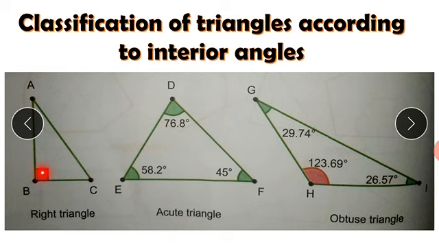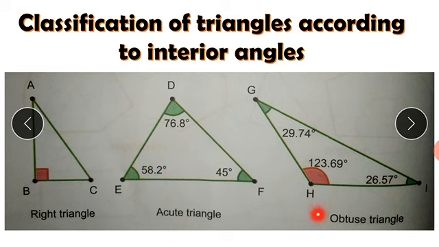So this one is a right triangle because it forms a right angle. Next is acute triangle. An acute triangle has three acute angles. Acute angles are lower than 90. So all the interior angles of this triangle are lower than 90. That's why we call it an acute triangle.